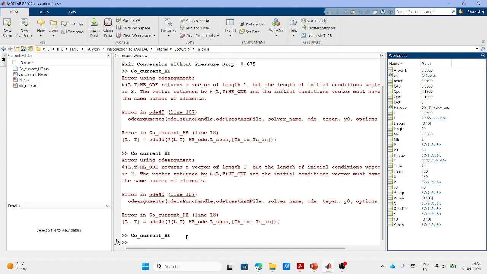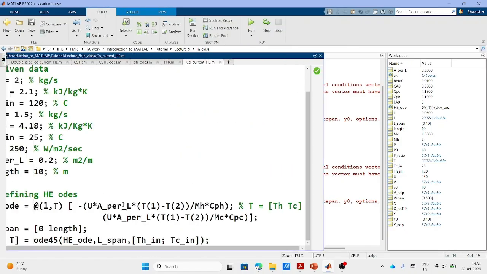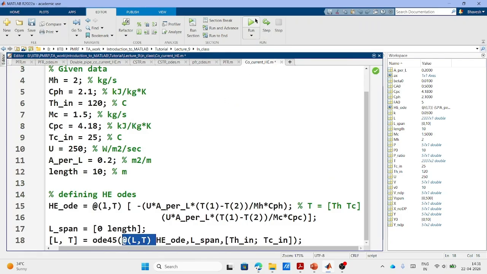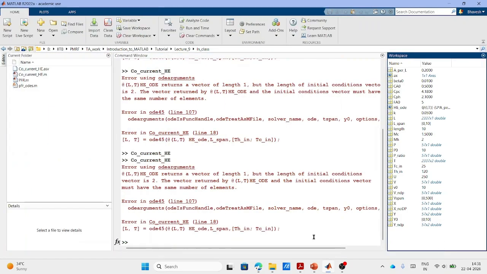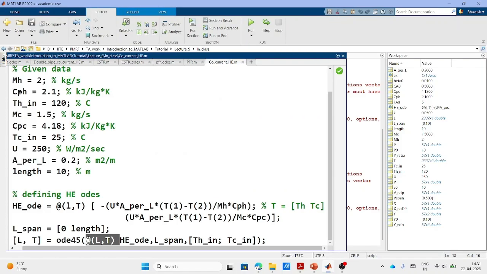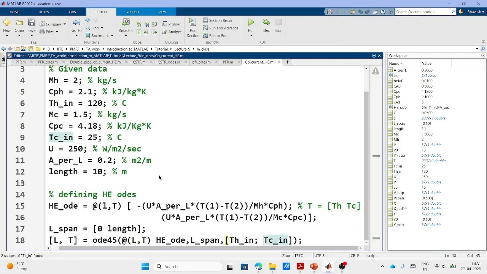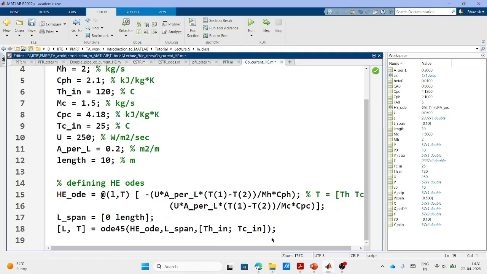Oh, was I giving a wrong syntax? If I keep this, then I'm getting an error. Okay, I realized it. We did not need to provide at the rate function L and T. We just have to supply the ODE because it's already defined what the L and T values are, so that will be computed.